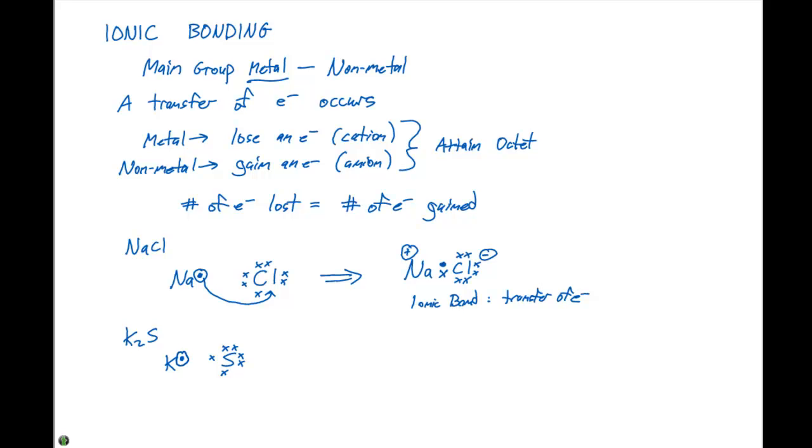So when potassium transfers its electron to sulfur, if it only transfers 1 electron, we only have 7 valence electrons. So in order to achieve the octet, we need 1 more electron, and we get that by having another potassium. So this is why the formula is K2S.